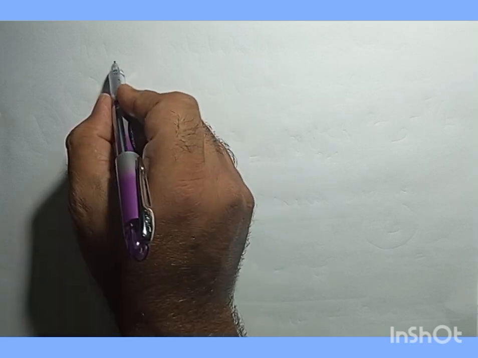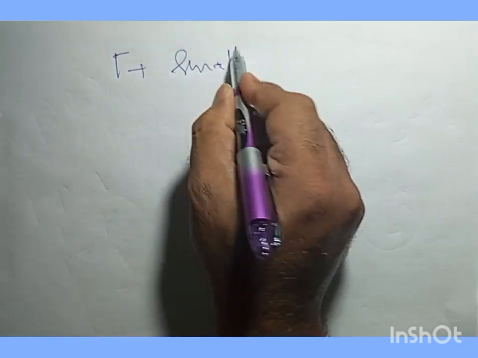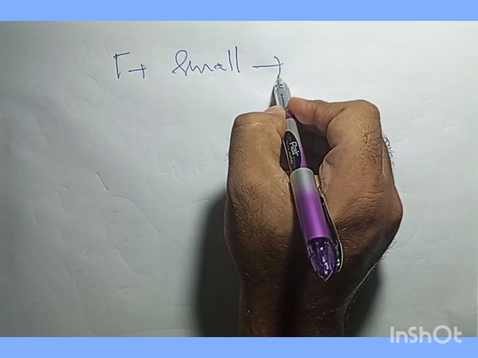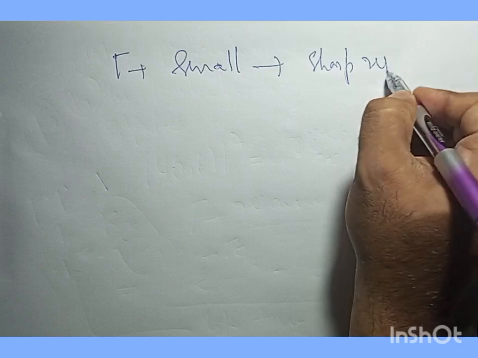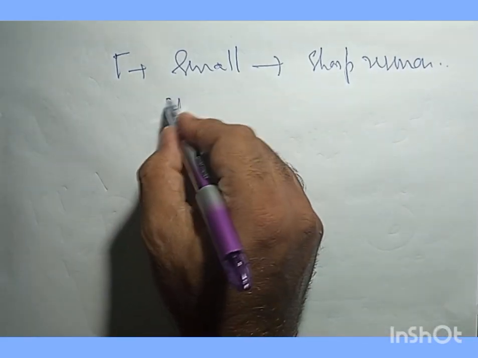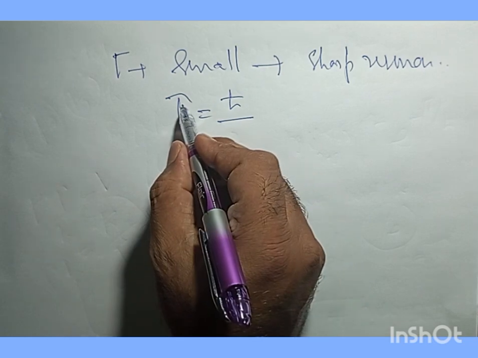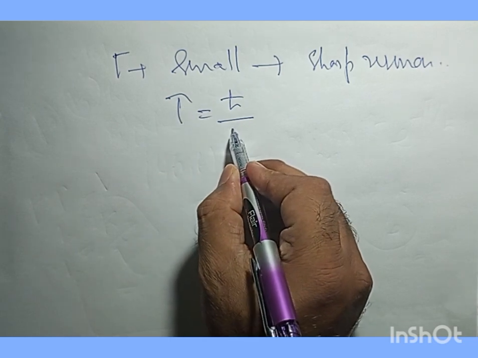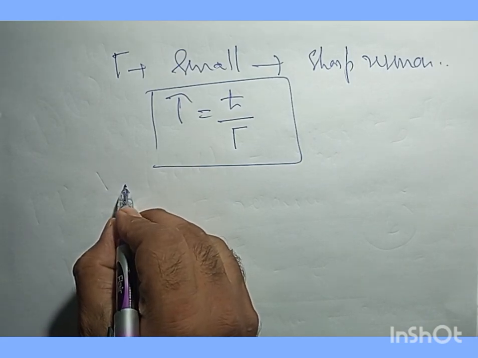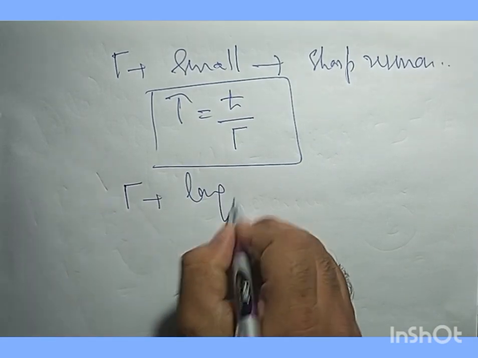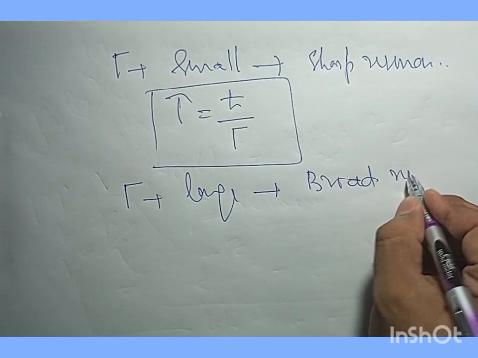For this resonance width to be small, it will lead us to what I call sharp resonance, because tau is h bar by resonance width. And for large resonance width, we will have broad resonance.